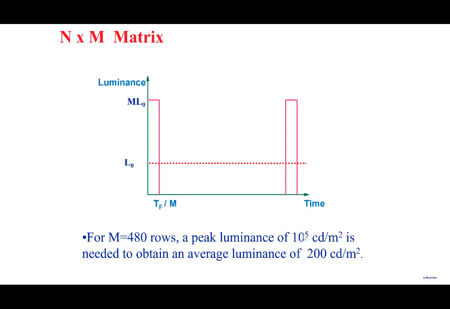So the LED is on for a very brief period of time, but then it has to be super bright, an extremely high brightness level of 10 to the power 5 candela per meter square, to create for the eye an average brightness of 200 candela per meter square. So you're driving the LED very hard, driving lots of current, and that becomes very difficult. The LED starts to degrade and is not able to handle that much current.